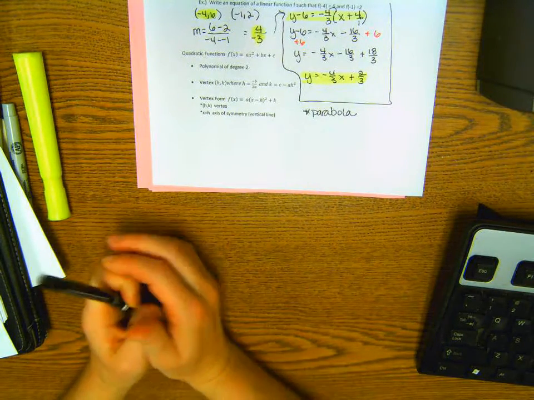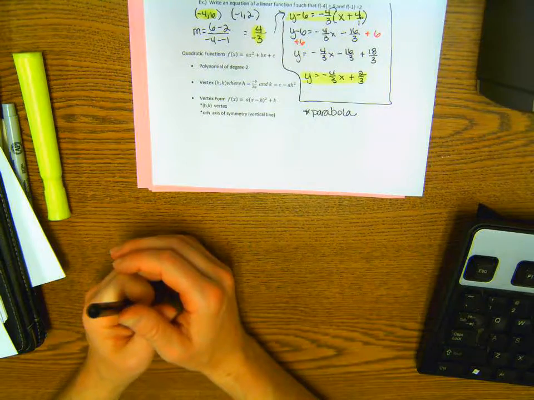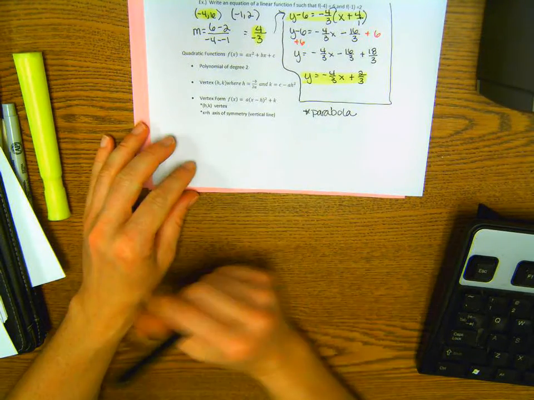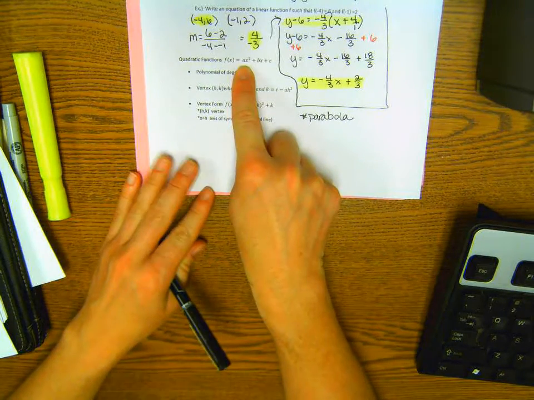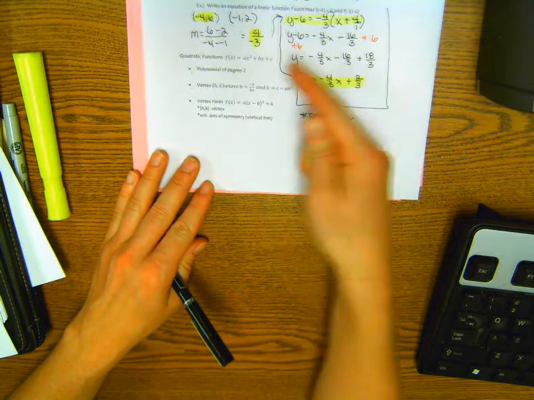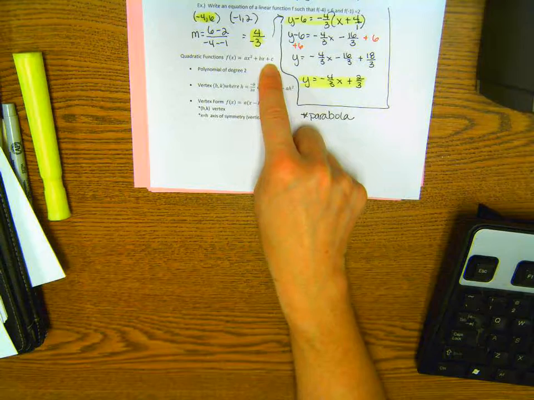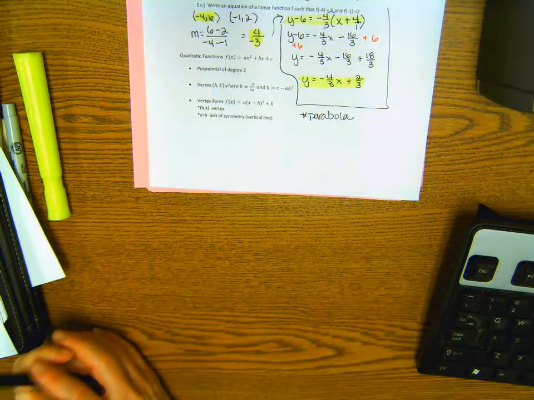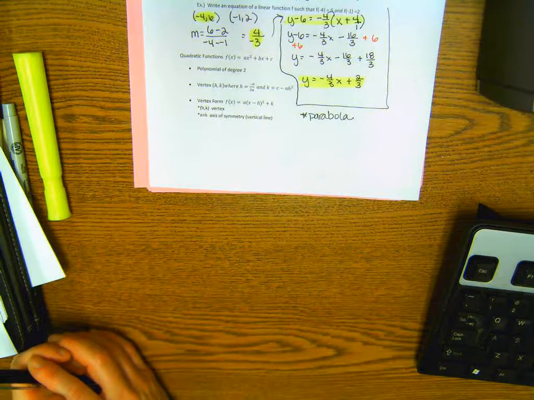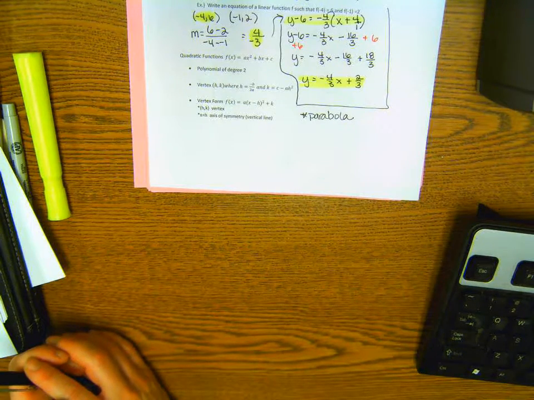All right, so A is the coefficient of x squared, B is the coefficient of x, and then C would be the constant. A little earlier this year, I talked about the quadratic formula song. X equals negative B. Okay, that's used to find the zeros.